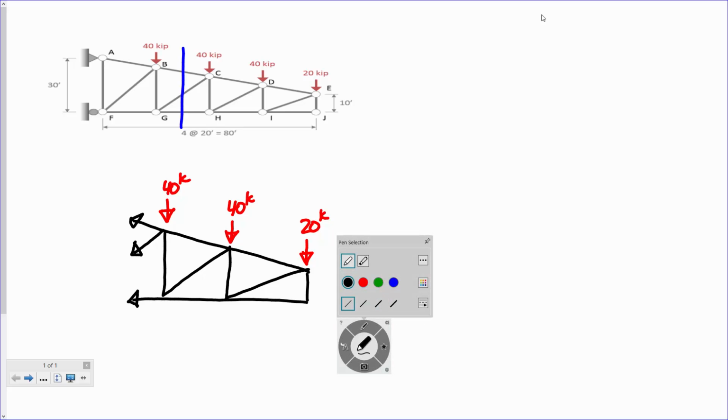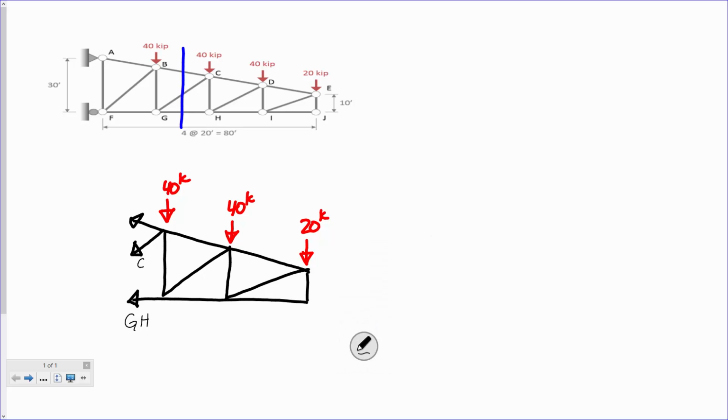All right? Now here's another thing that I like to do. So this force down here, we'll call this GH. This force here, we'll call this CG. And this force here, we'll call this BC.